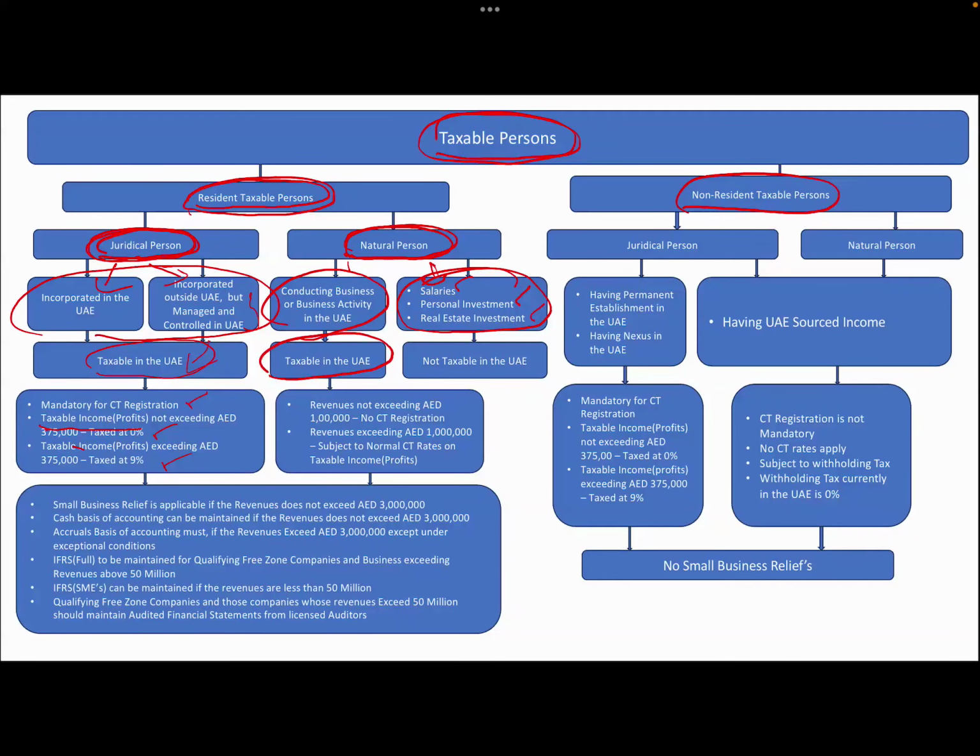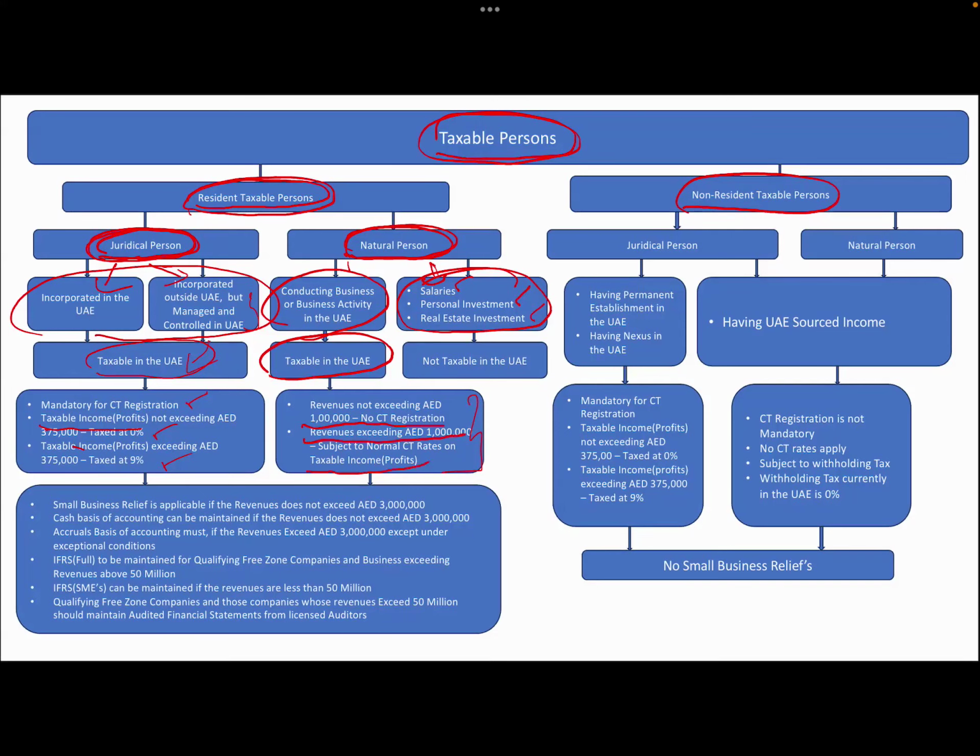Now again, there are certain rules for the natural persons. What are the rules? Revenues. If a natural person is conducting a business in the UAE, and if the revenues are not exceeding 1 million, then no need of CT registration. When does the CT registration come into picture? Only when the revenues are exceeding 1 million.